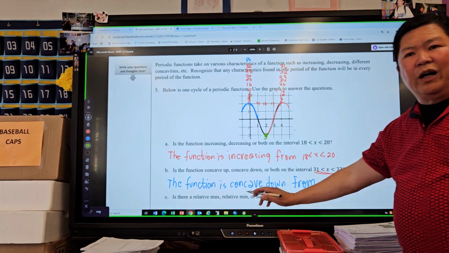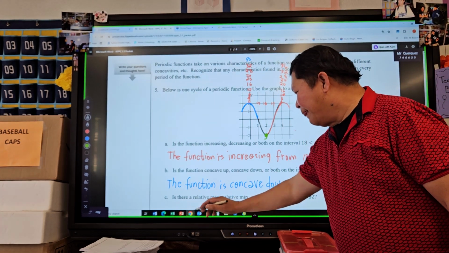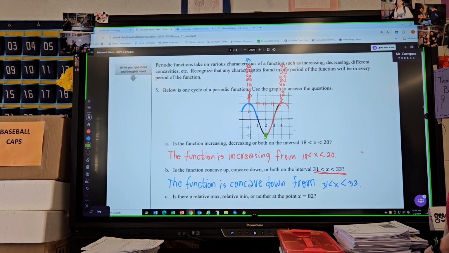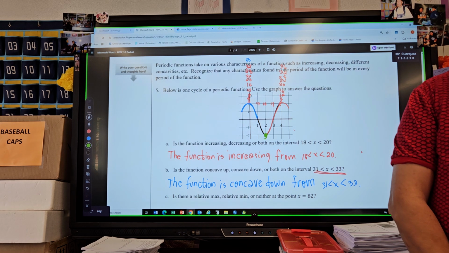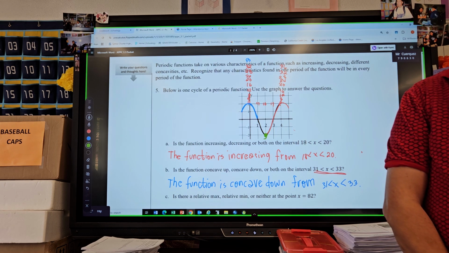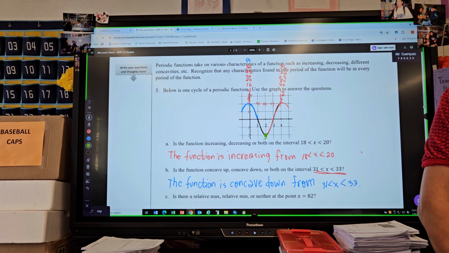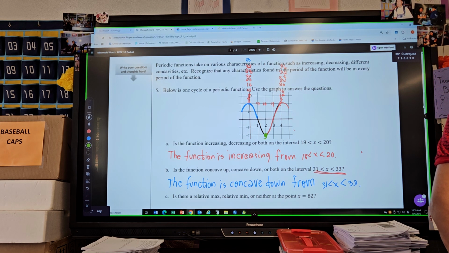So, can you write now the justification? So, you're gonna have to write at x, or there is a relative minimum at x equals 80.